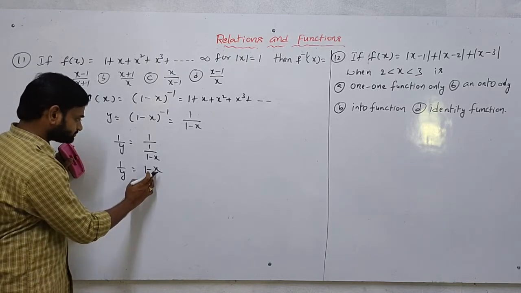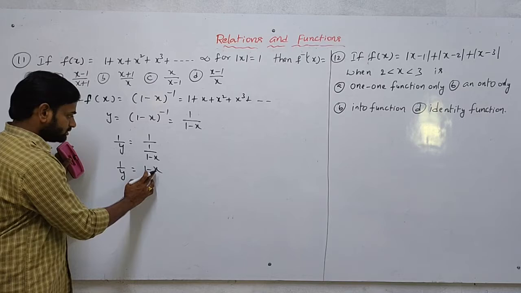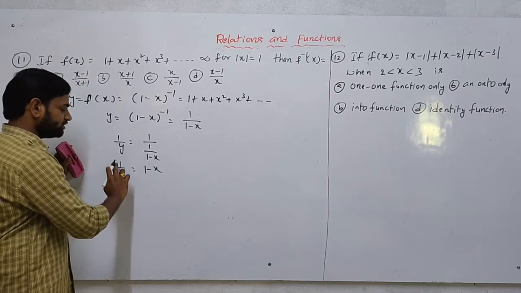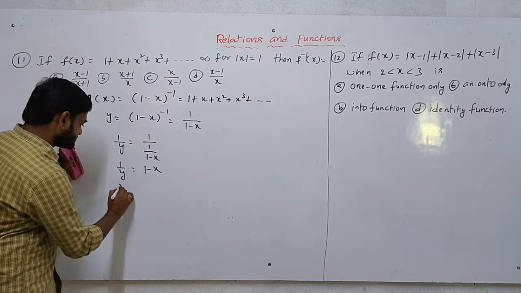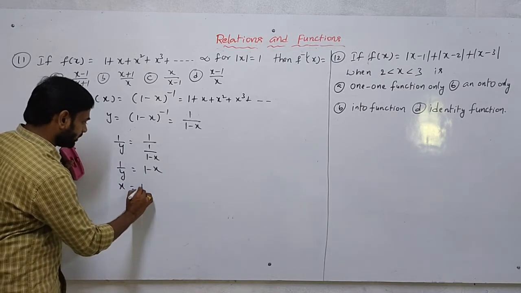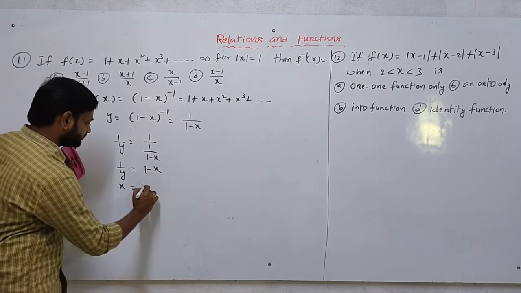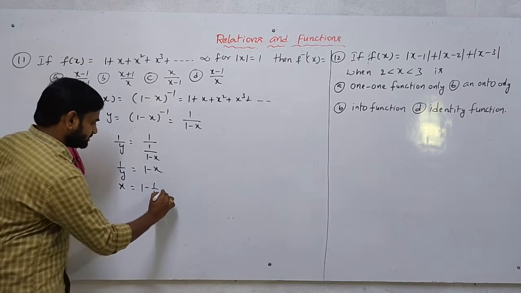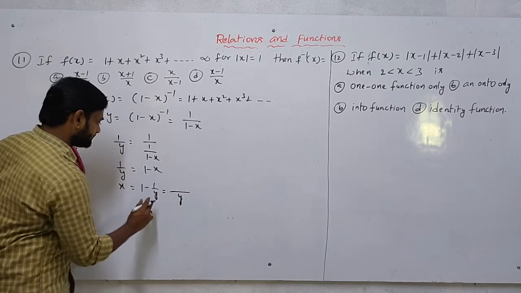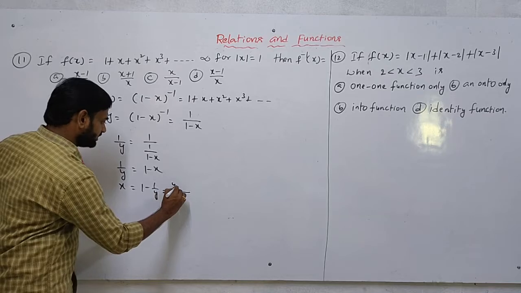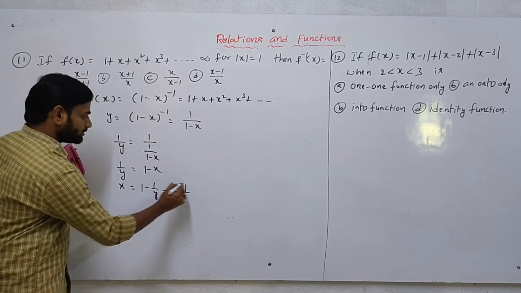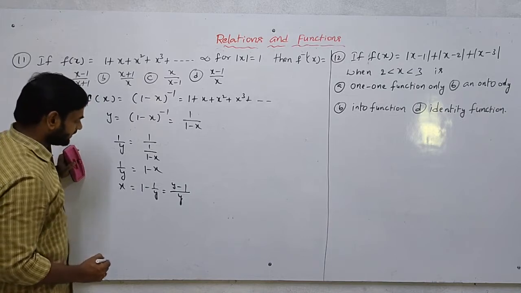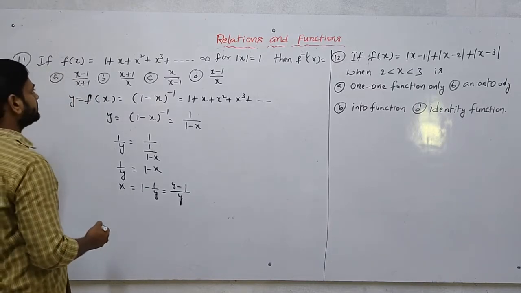Now set x to this side and 1 by y to this side. So minus x will be plus x equal to 1 minus 1 by y. LCM is y: y minus 1 by y. So x equal to y minus 1 by y.